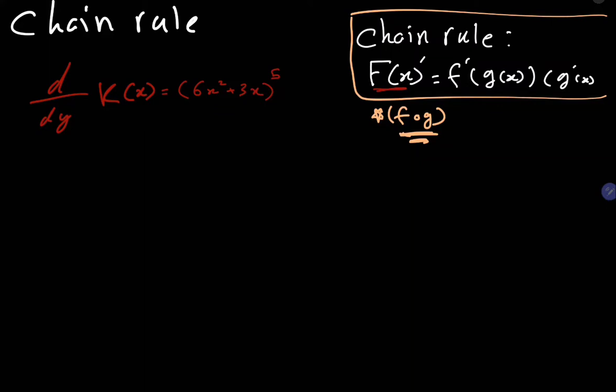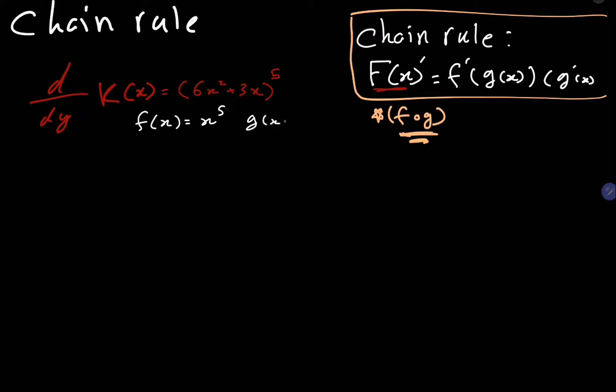The outside function of this question is the power of 5. So if we just divide it into two functions, so f of x is gonna be x to the power of 5, and g of x is gonna be whatever the rest of the equation is.